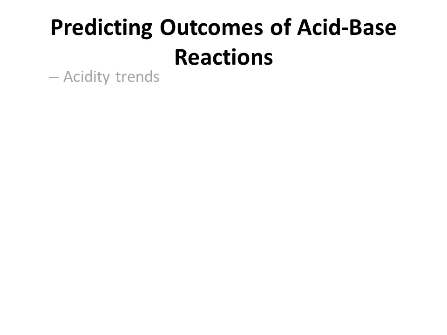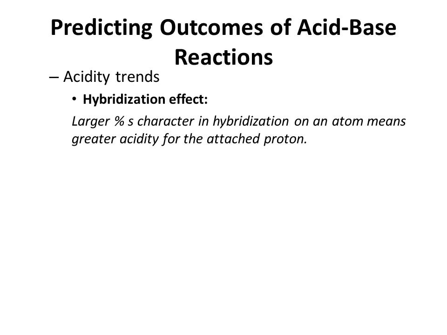Our next acidity trend is the hybridization effect. Larger percent S character in hybridization on an atom means greater acidity for the attached proton. So you look at our example below, we have three different kinds of carbons with protons attached: sp with 50% S character, sp2 with 33% S character, and sp3 with 25% S character.